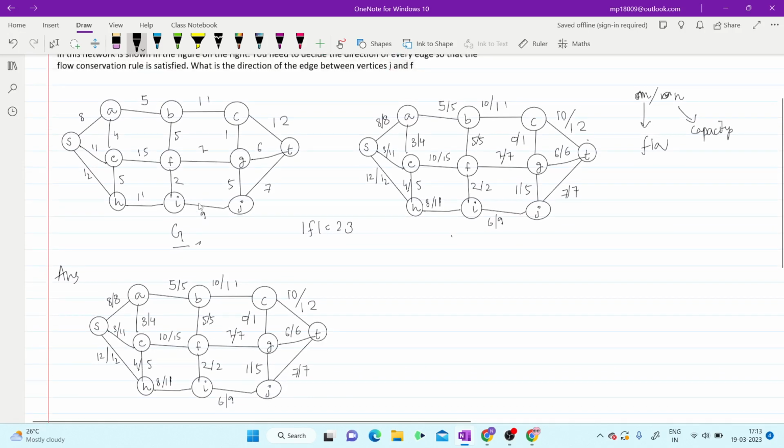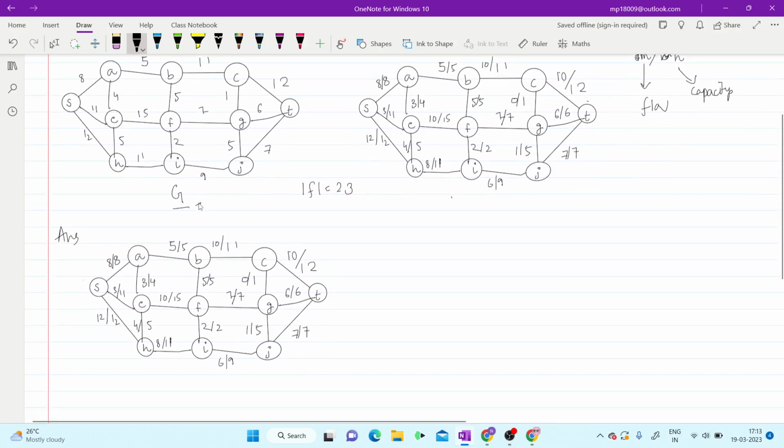The question is asking us to give directions in this graph so that the conservation law is satisfied. I've just discussed what the conservation law is. Other than the source and sink vertices, we make sure that flow coming into a vertex is equal to flow going out of the vertex.